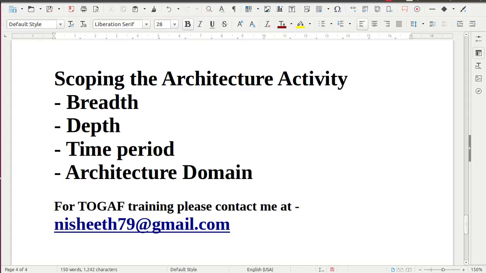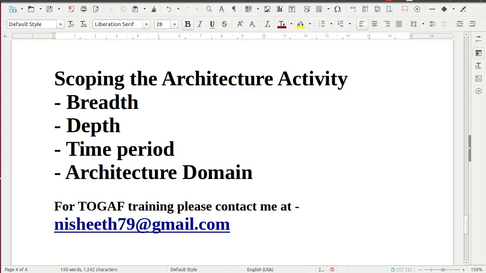In case of breadth, we define the extent of the enterprise considered for the architecture effort. So, let's say your enterprise has n number of domains, let's say 20 domains or 20 departments. For example, in an ERP based system, you have various departments like HR, finance.